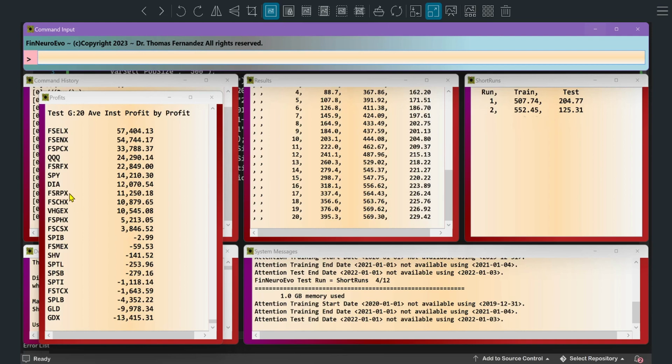And there's a whole bunch of Fidelity Select ETFs. FSRPX, I believe, is the Fidelity Select Energy ETF. There's also a gold mining ETF.